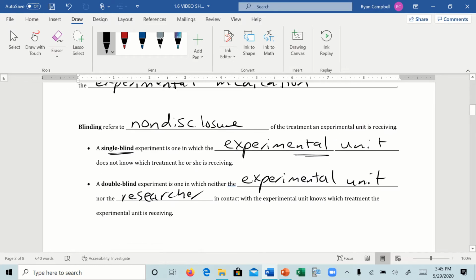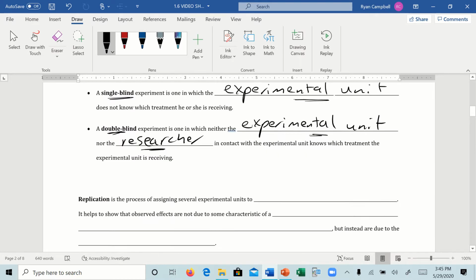Likewise, if the researcher knows that the subject may have the actual medication, he or she may be more prone to say, oh, they look a lot better, as opposed to if they had placebo, they'd say, oh, they're not looking as great, right? So that's why double-blind studies sometimes are what we want to do.